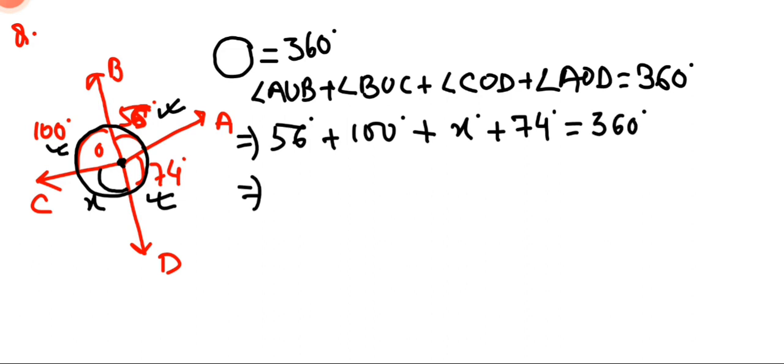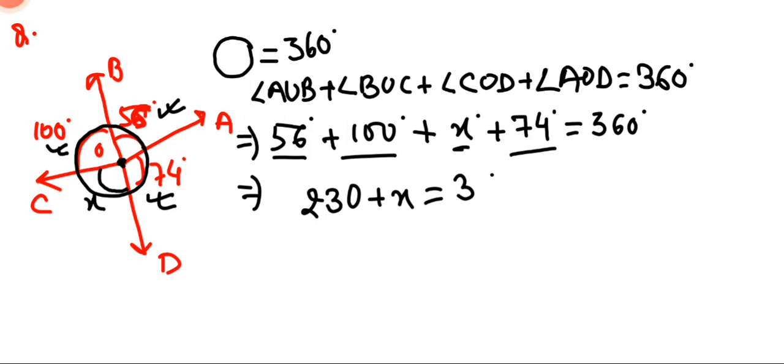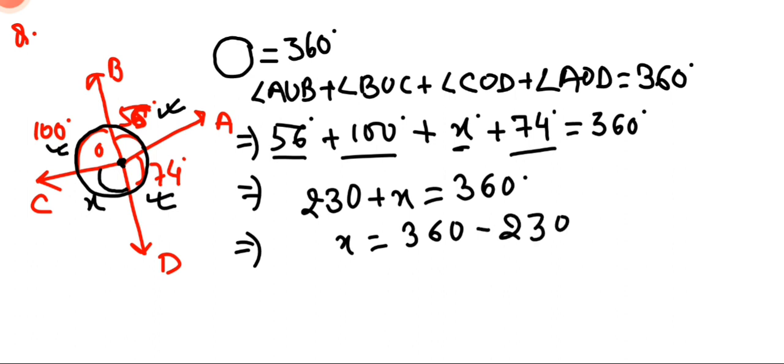Now, sum of these three angles, students, 56 plus 100, that is 156, plus 74, that is 230, plus X is equal to 360 degree. Therefore, X can be written as 360 minus 230. Finally we get the result, that is X is equal to 130 degree.